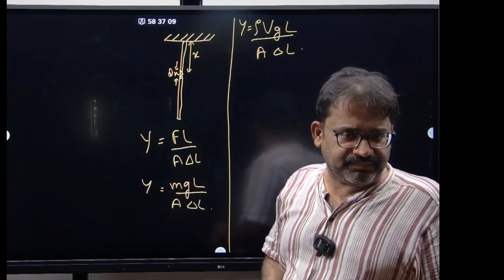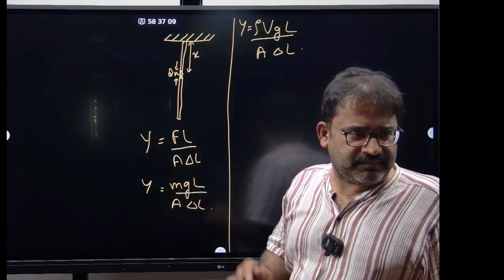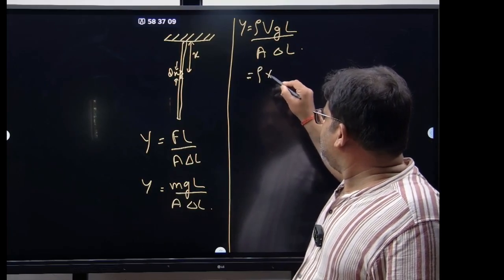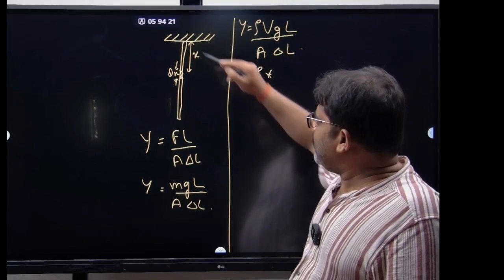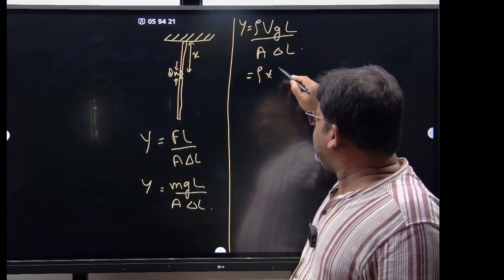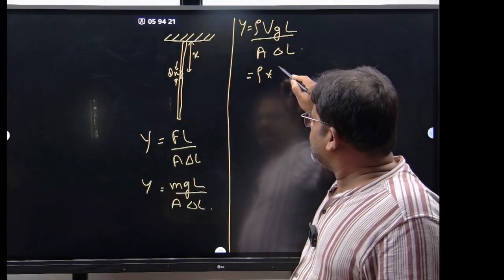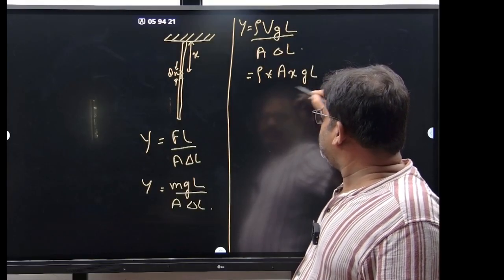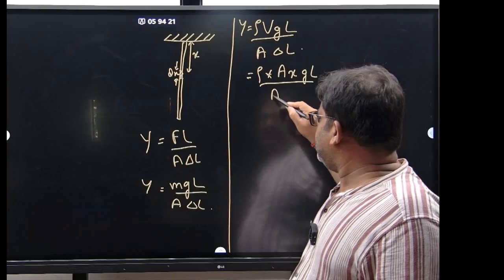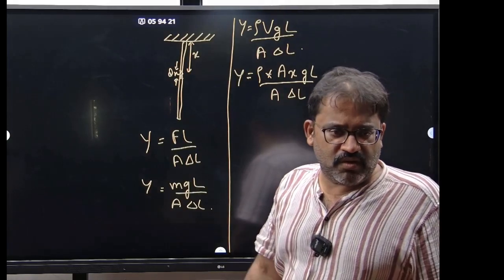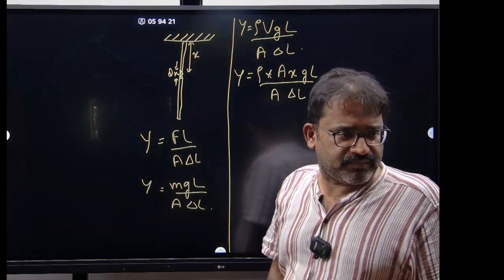Is it okay? Any doubts on that? Very good. So that is equal to rho into the volume. If I take it at this particular position, it will be nothing but area into x into g into L divided by A delta L. So this is Y. Okay.